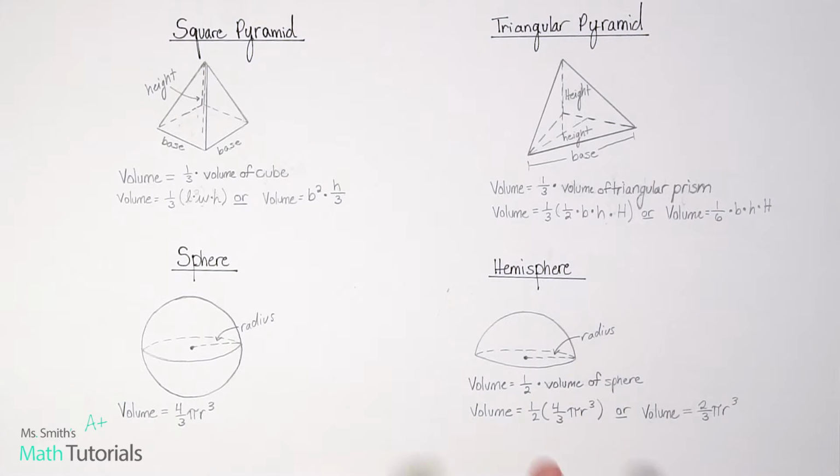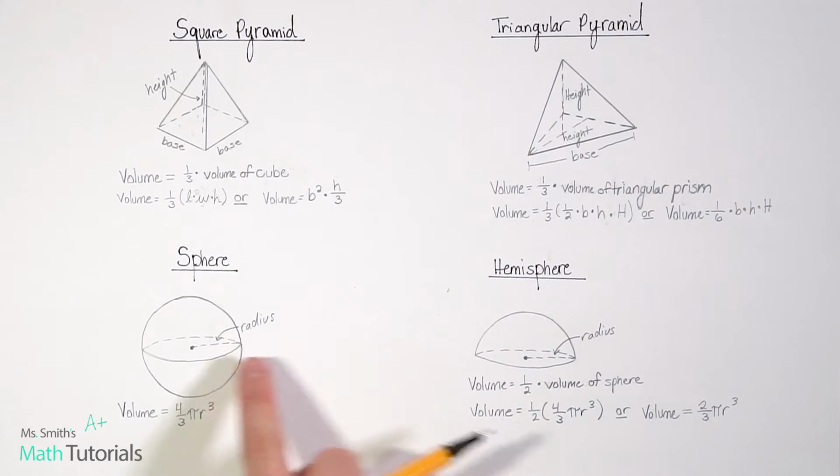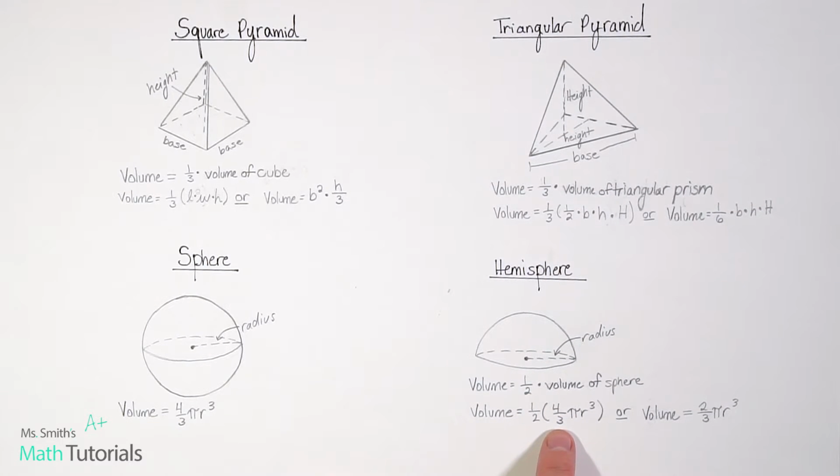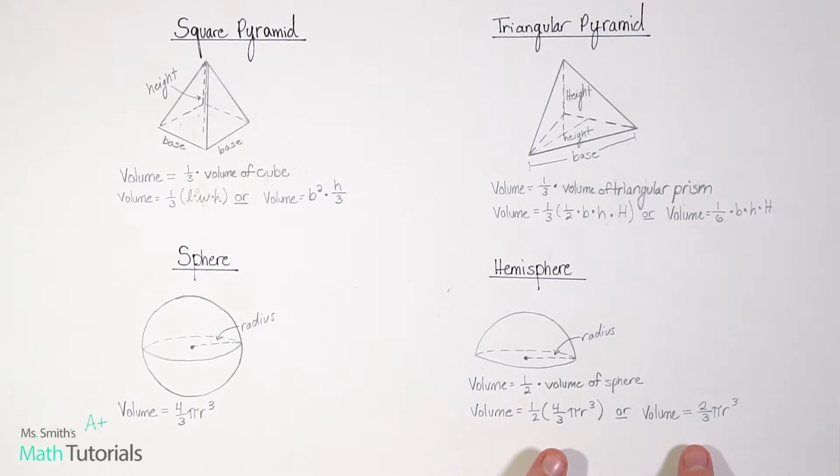If you can remember that, and it's pretty easy visually to see that, our formula would be 1/2 times the volume of the sphere, 4/3 pi r cubed. Another way to see this written is to go ahead and distribute the 1/2 in and get volume equals 2/3 pi r cubed. Either one is totally correct. Again, I kind of prefer this way, but whatever works for you.